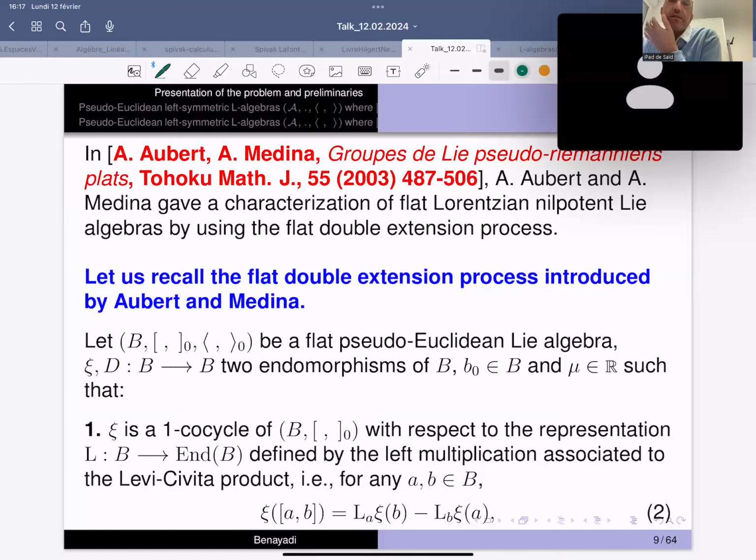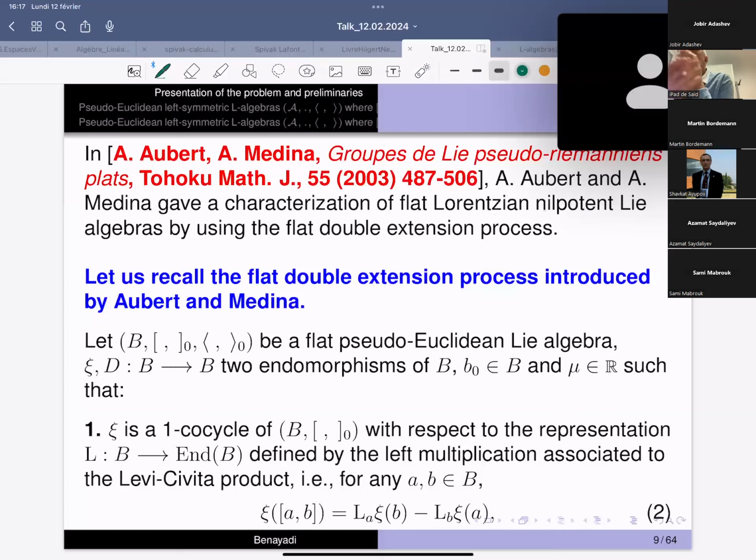It is not easy to have a classification for all non-Euclidean Lie algebras, but we can give some description of this type of algebra in the Lorentzian case.